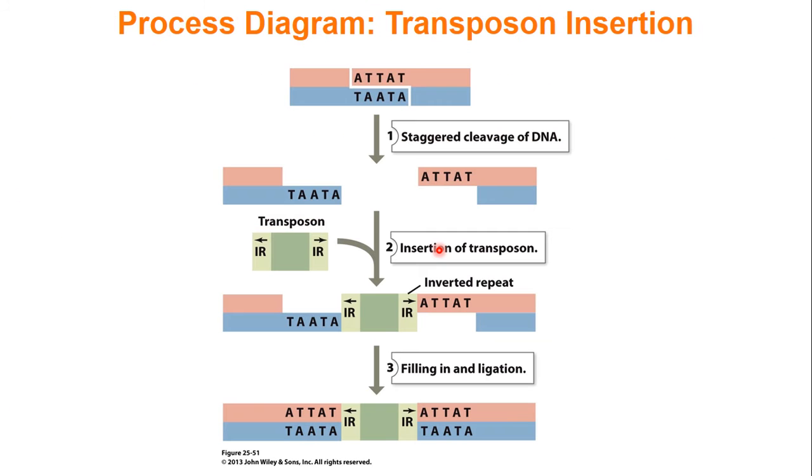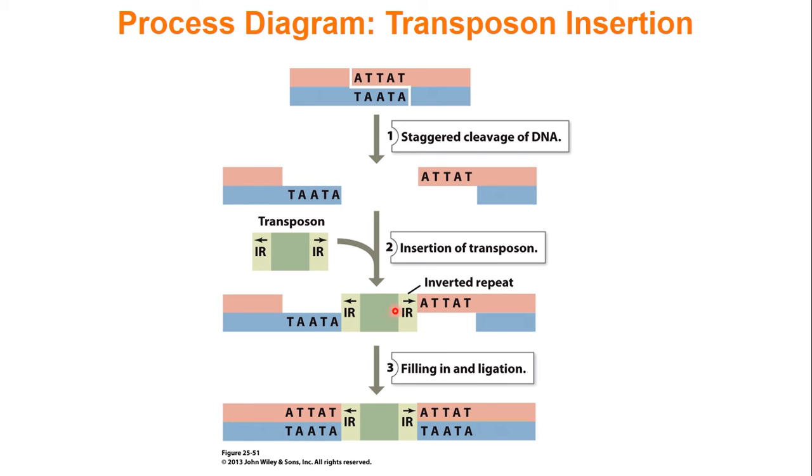What I mean by that is, if we look at this image, here is our DNA that we're going to insert into. We have a staggered cut to more or less give us sticky ends, like the enzymes that we use for PCR. So we're going to create sticky ends here.